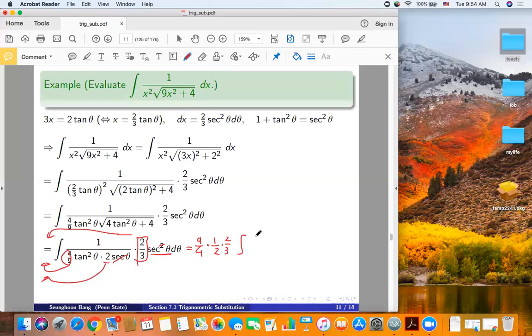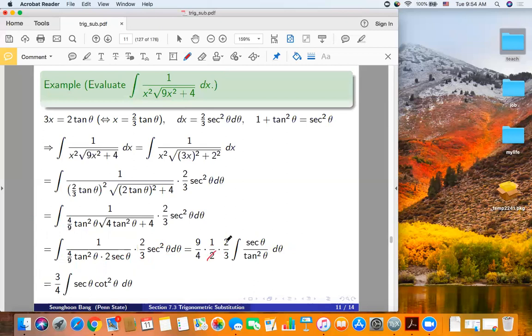We have only one secant theta in the numerator, and tangent squared of theta in the denominator. Next, cross out common things. So we have this form. Next, simplify. 2 is crossed out. 3 is crossed out. The 3 over 4 here. The next, 1 over tan squared of theta is the same as cotangent squared of theta.